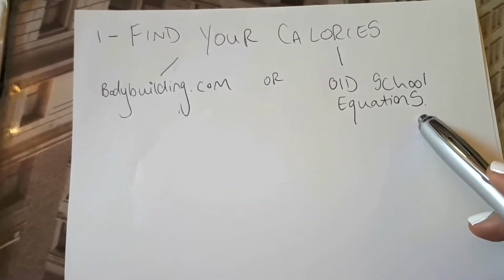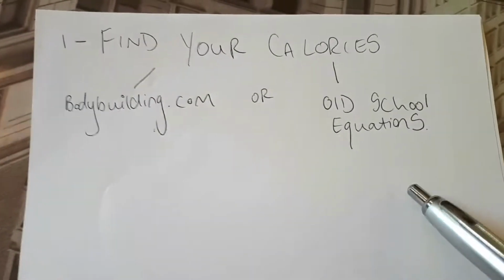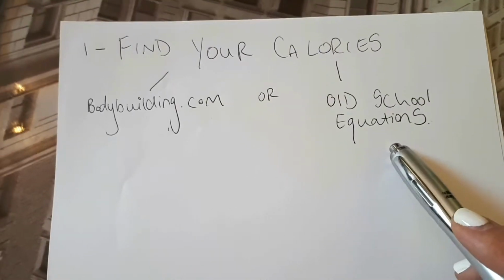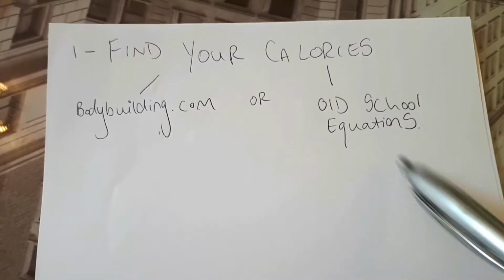Yes, this is where maths is important in life, and you thought you'd never use it again. So for the purpose of this video, I'm going to use old school equations. The first thing you need to find out with regards to your calories, see, I put her to sleep, is your basal metabolic rate. That number is the amount of calories that your body uses just to exist.